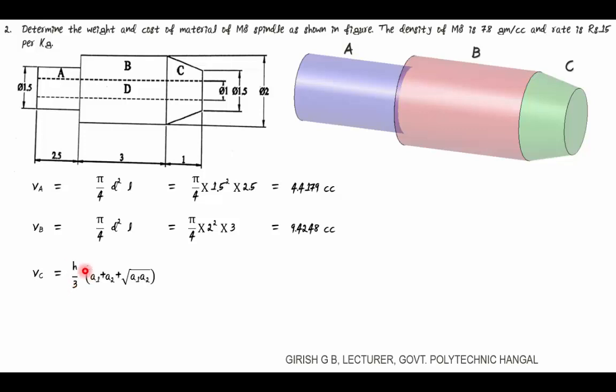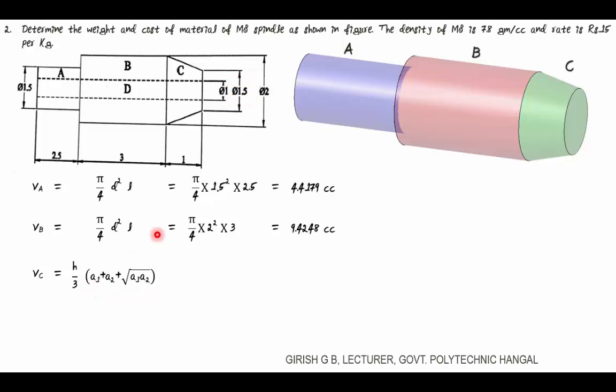Hence it will be 1 by 3 into the bracket, area 1 plus area 2 plus root of area 1 area 2. Area 1 is the area of this section here, that is having the diameter of 2. Then A2 is the area of this section, having the diameter of 1.5 centimeter.